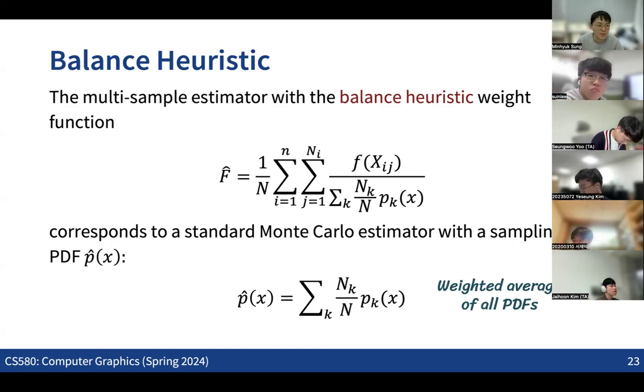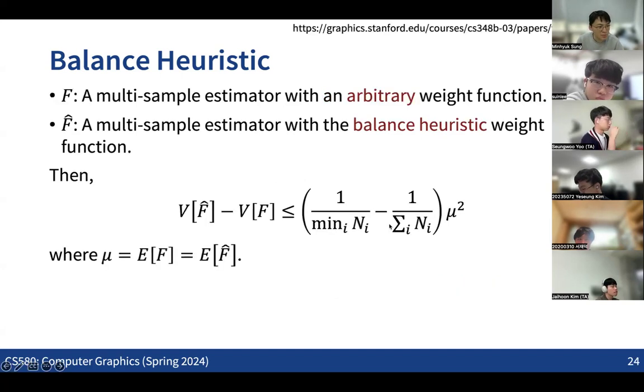While this is a really simple trick that we can very easily implement, what we can also prove is the following. Let's think about two estimators. F is the typical multi-sample estimator with an arbitrary weight function, and F hat is a multi-sample estimator with the balance heuristic weighting function.